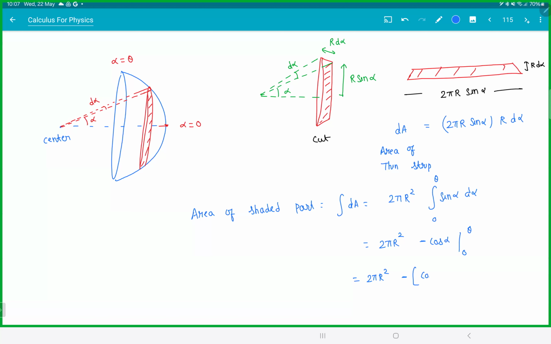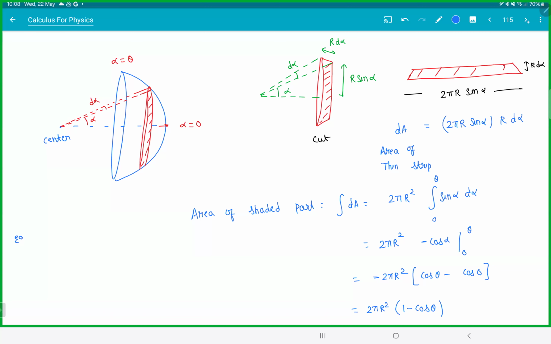Put cos theta, put cos 0. Cos 0 is 1. So your answer would be 2 pi r square (1 minus cos theta). And that minus sign is looking weird actually. I hope the answer is clear. Quite a useful integration. We will again encounter this.